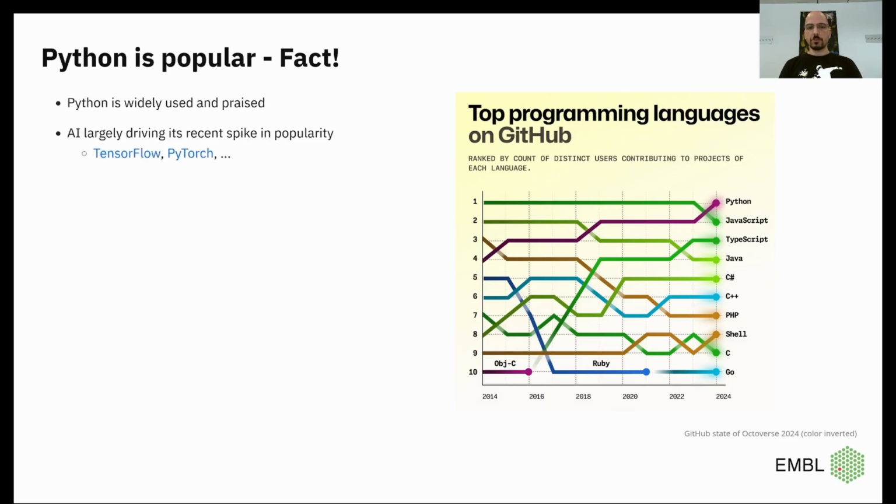This is largely driven by the fact that one of the most popular AI frameworks, in this case TensorFlow, is built with Python or using Python as the primary language, and so this has been driving the more recent popularity spike.